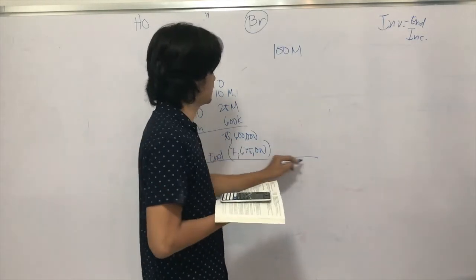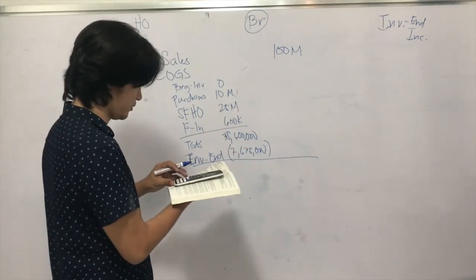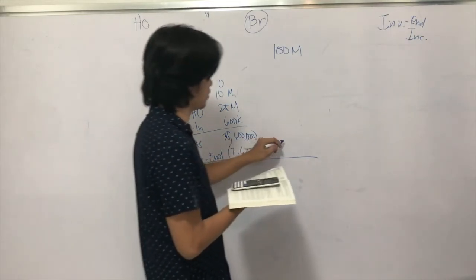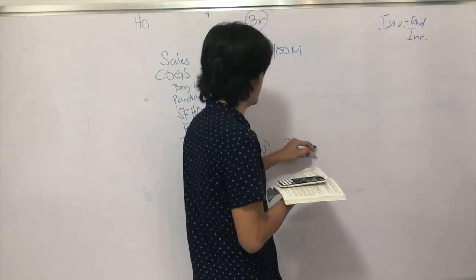We have our cost of goods sold, amounting to 27,925 million.